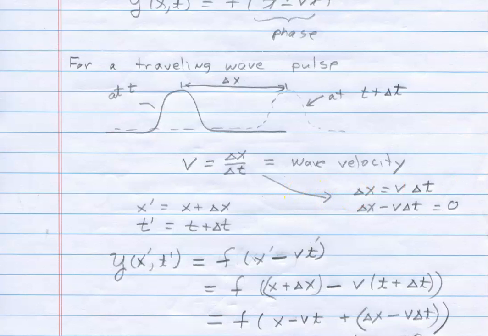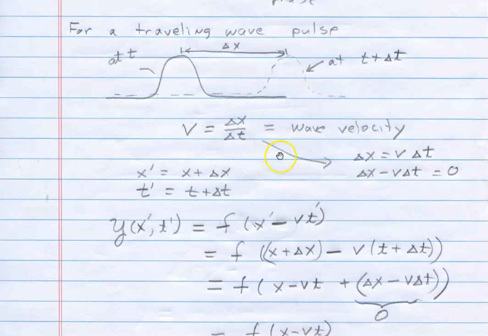If you look at that, you can rearrange it to get delta x equal to v delta t. Or if I take this over to this side, I get delta x minus v delta t equals 0.